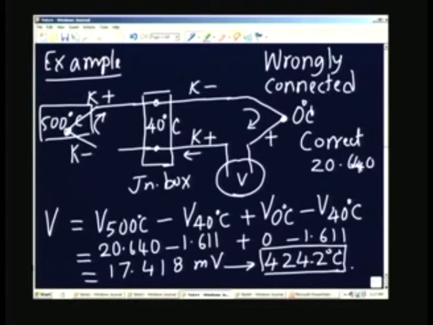You saw the large error 500, 424, almost 75 or 76 degrees error is there. So, the error is because of the wrong connection which has been made.